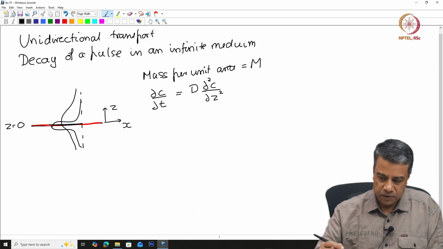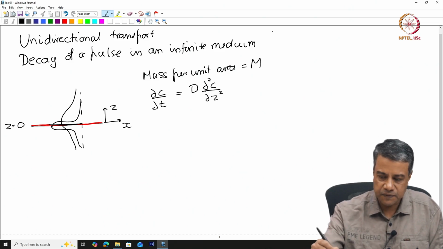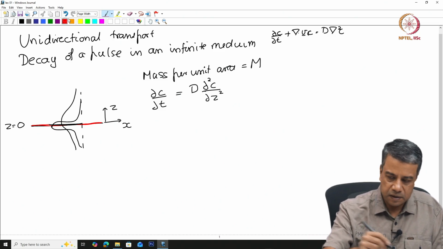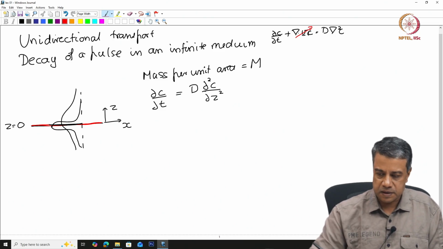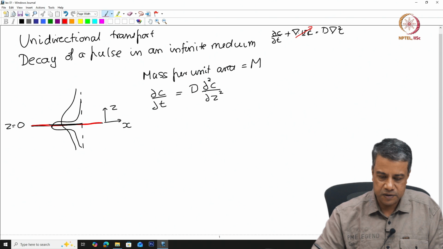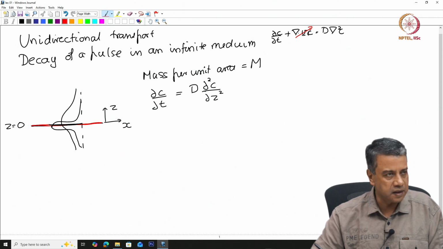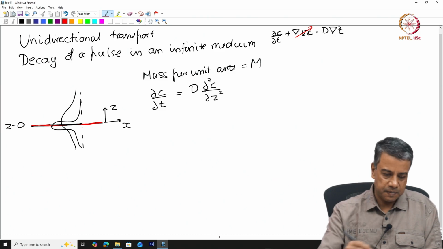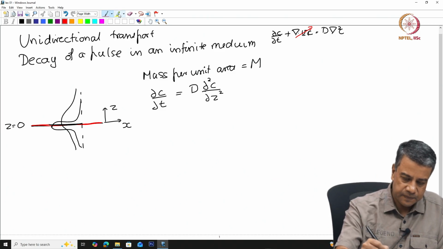Note that this is a simplification of partial c by partial t plus divergence of V c is equal to D del square c, where we neglect the convective part because there is no velocity, and in the diffusion part there is diffusion only in the z direction. The concentration is uniform in the xy plane. So, that is the configuration.